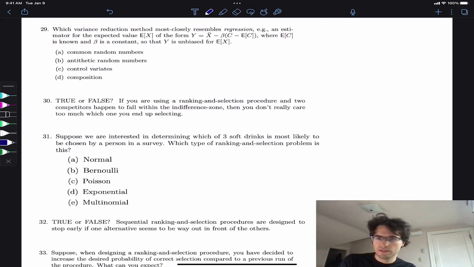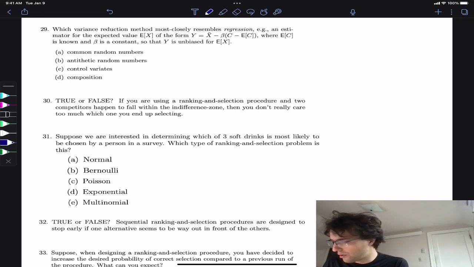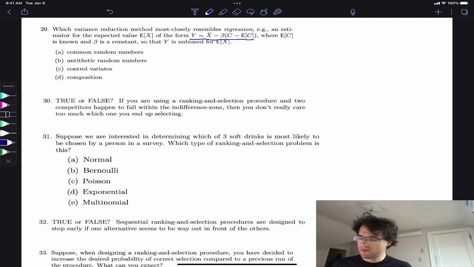Moving on. Question 29: which variance reduction method most closely resembles regression? Basically of the form y equals x bar minus this, where you have a constant and so on. Anytime you hear the word regression with regards to variance reduction, where you're doing some kind of line fitting, that is the control variates method.